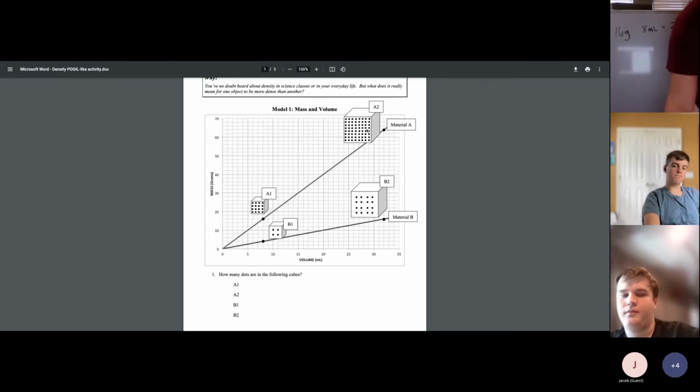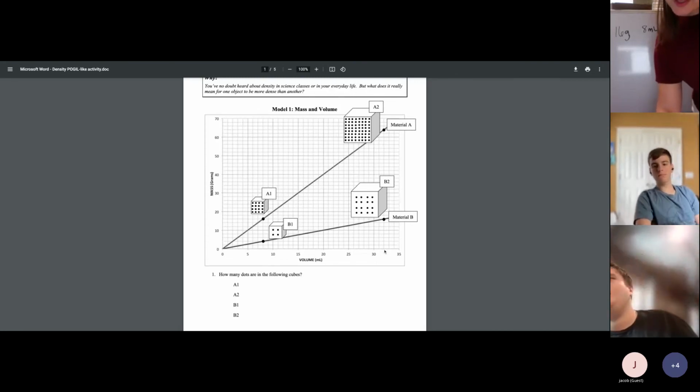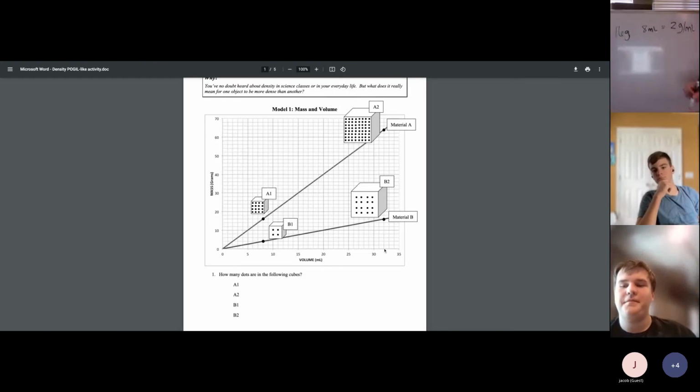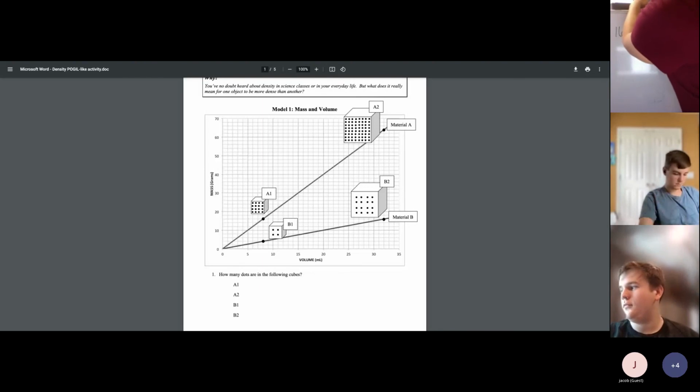So it had a volume of, we calculated it out, we're just going to use it rounded on this one. So about 32. All right. So for A2, it had a volume of 32 and it had a mass of 64.